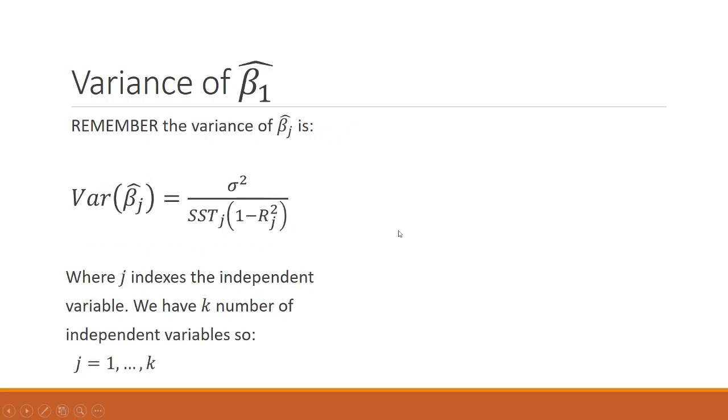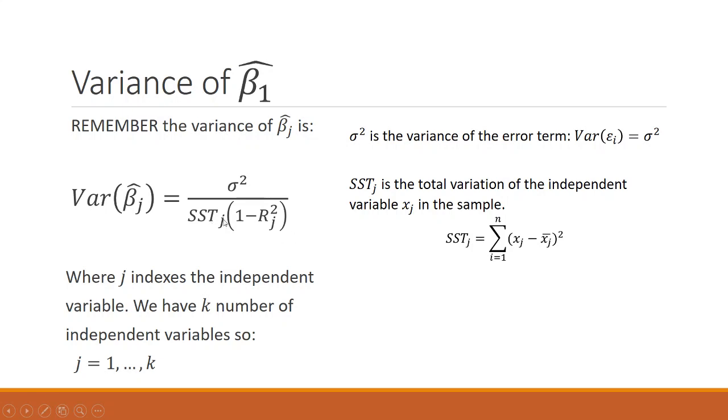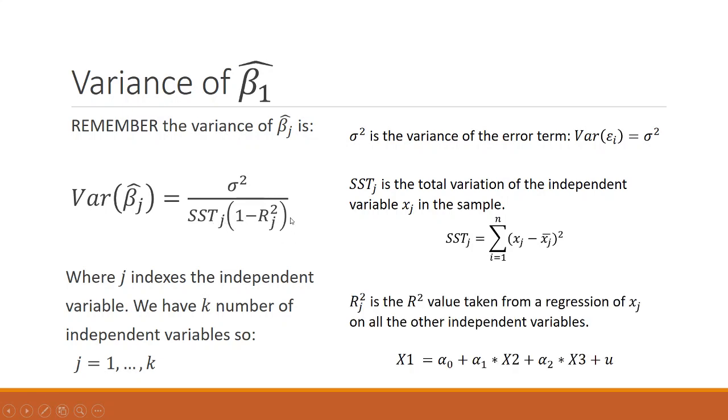Remember, the variance of beta 1 hat is sigma squared, which is the variance of the error term, divided by the total sum of squares of the independent variable times 1 minus R squared. We just went over this in the last lecture.